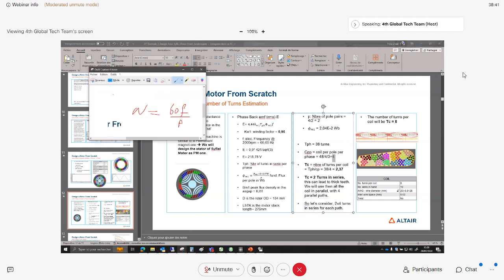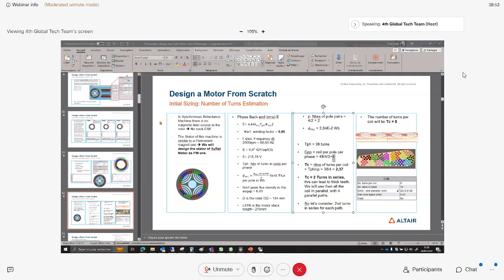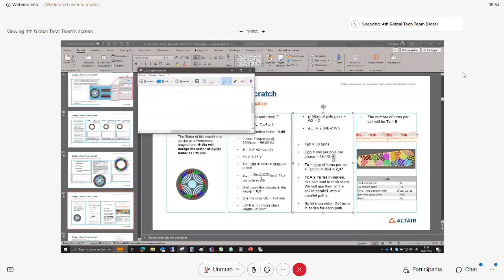So instead of having the coils like this, so I have to create another one. Instead of having the coil, two here and 2 here and 2 here, I will put them in parallel.